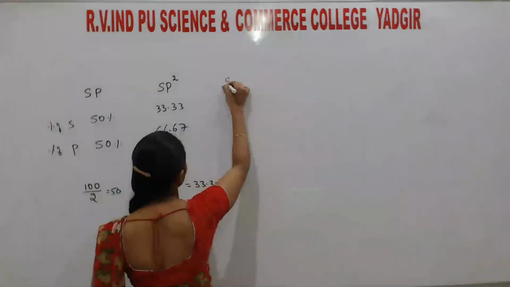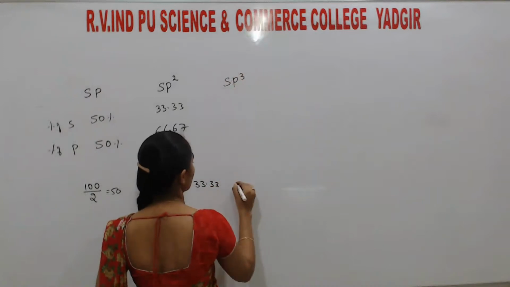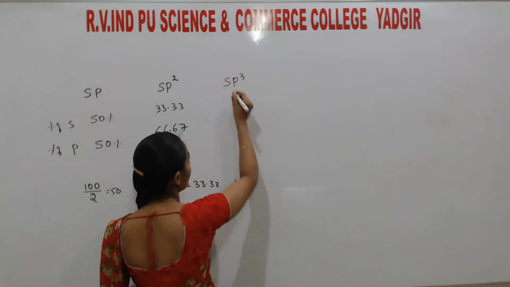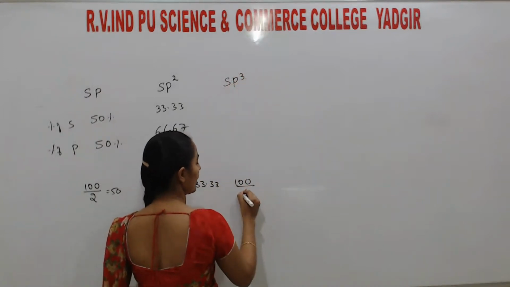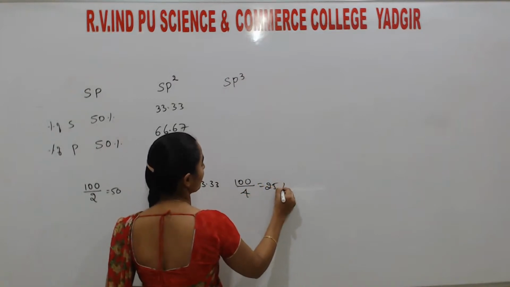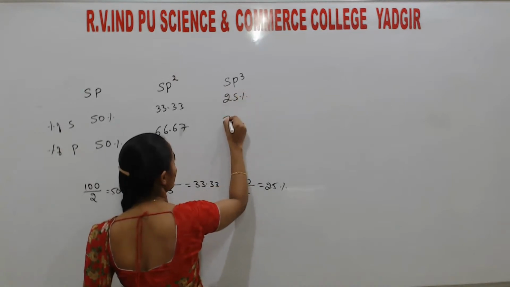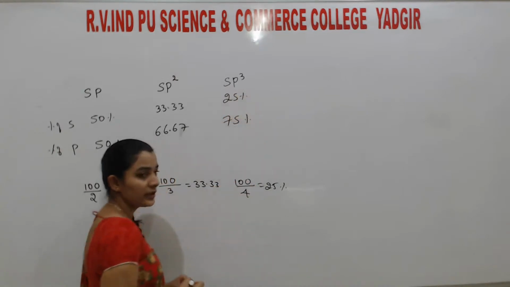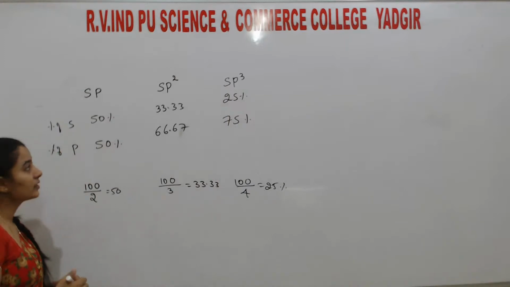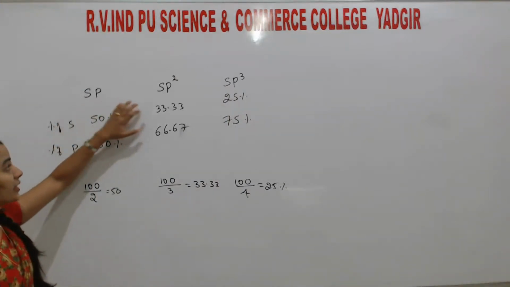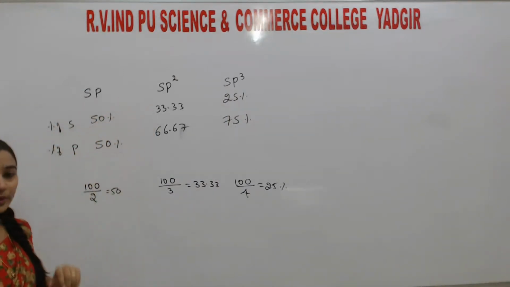Next, sp3 hybrid orbitals. This is 100 divided by 1 s orbital and 3 p orbitals, that is 4, so 25%. Only one s is there, so 25%. Three p orbitals are there, that is 75%. This is the percentage of s character and percentage of p character.